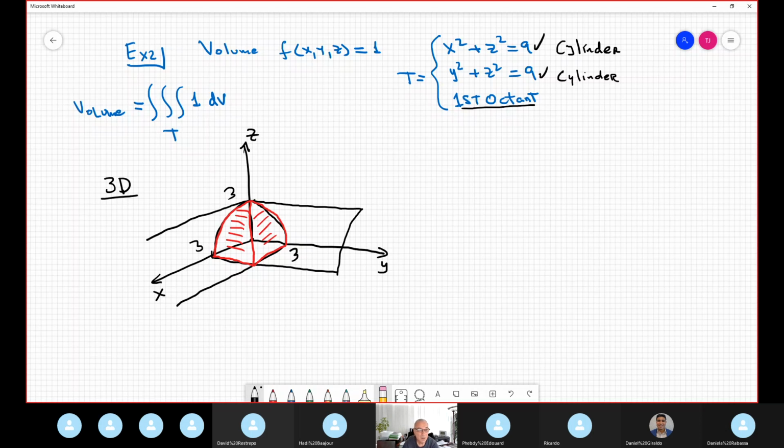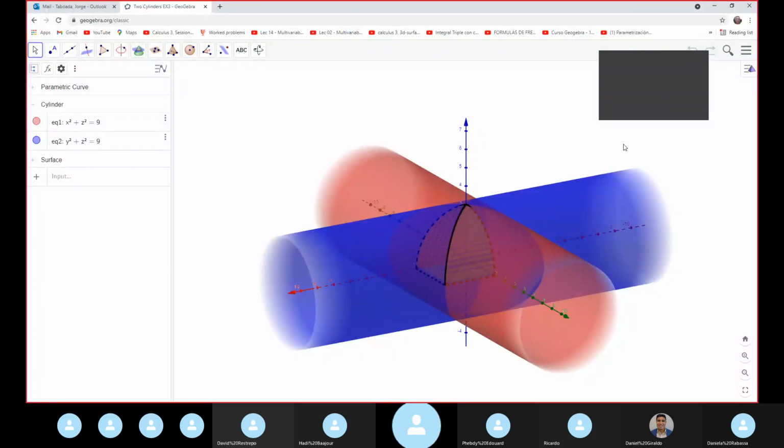Open. Here you go. Let me share the screen in order to show you the solid. Look at that. Do you see GeoGebra?